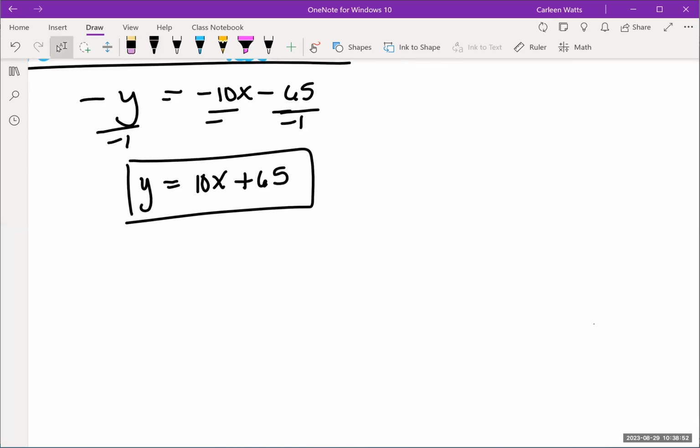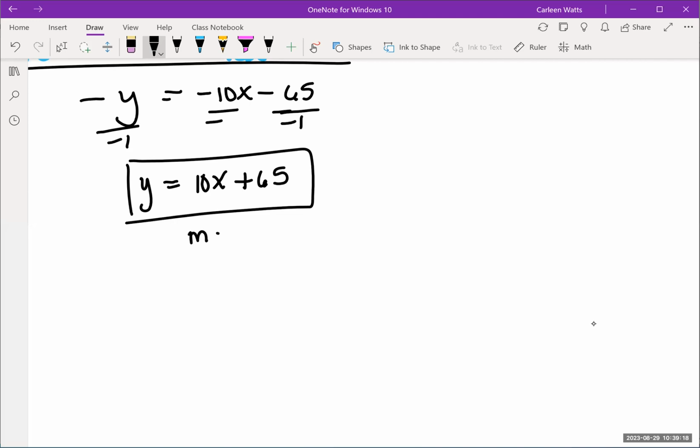Now, this one's done. But while we're here, why is this called slope intercept form? Because it reveals the information you need for a graph. So we're going to use information from here to be able to graph it, right?